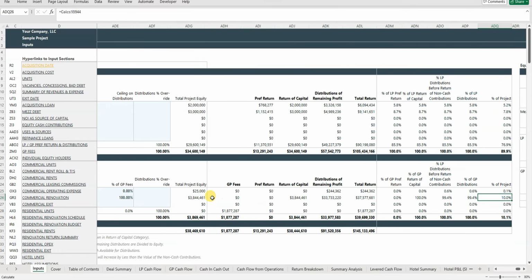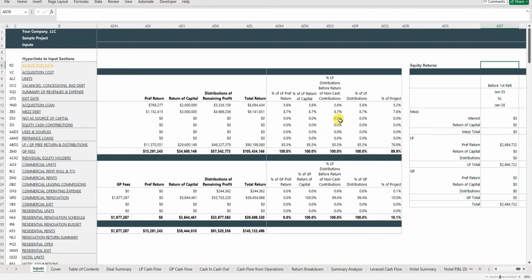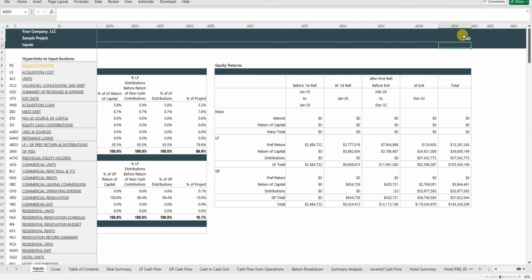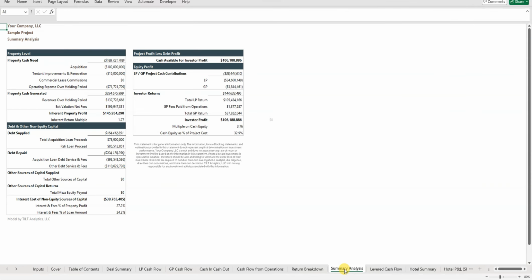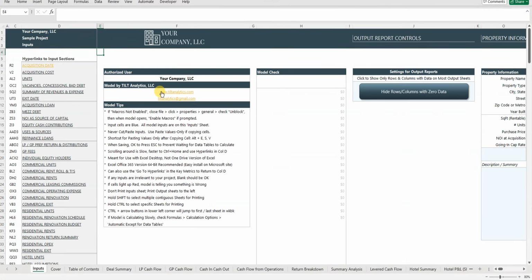And so then the model knows how to break apart the individual LPs and individual GPs from what we input in this section. And then once you've completed that, you're at the end. And so then it's just a matter of coming into the project, the output reports, and assessing how the project performed. So that's a quick look at the hotel acquisition model from Tilt.